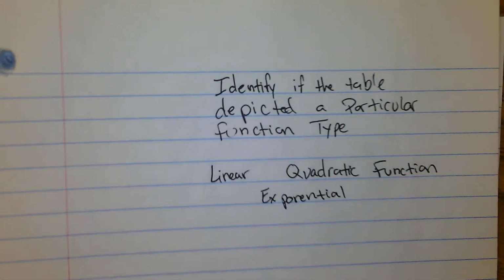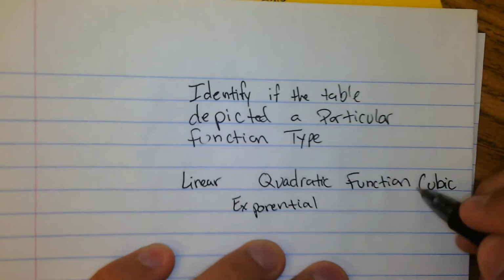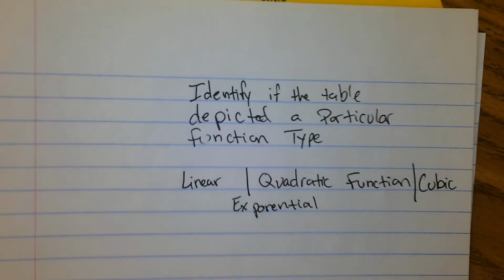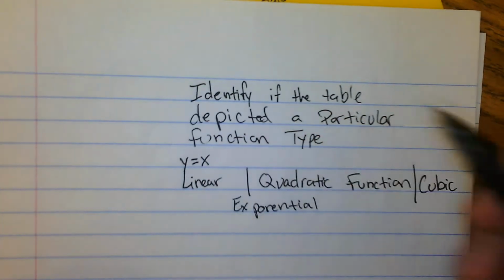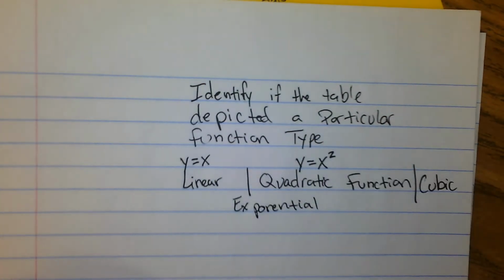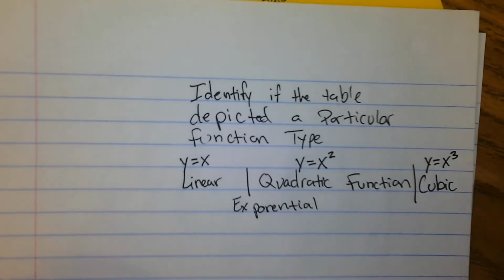Now, the linear, quadratic, and cubic functions, okay? The linear, quadratic, and cubic functions are all related. They're all related. The linear function is y equals x. The quadratic function is y equals x squared. And the cubic function is y equals x to the third.